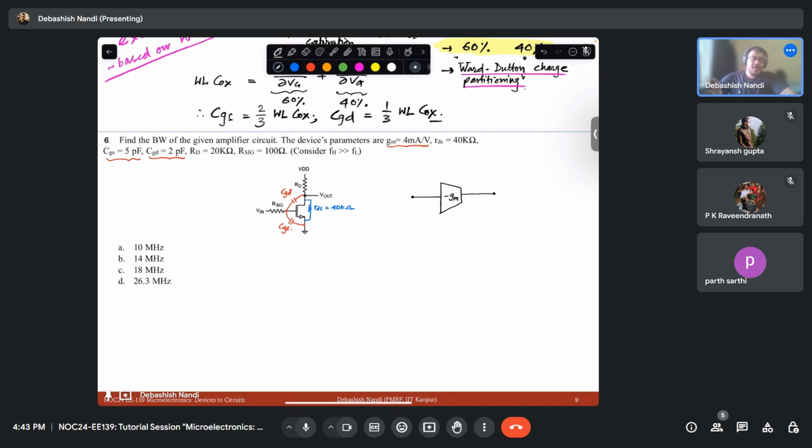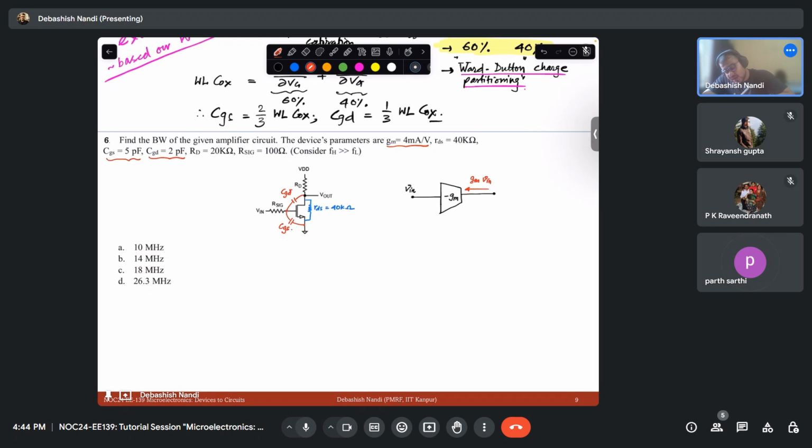What is this? Have you seen this kind of symbol anywhere before? No. So if you apply V in here, what this tells you is that you have a current of GM V in at the output coming in.